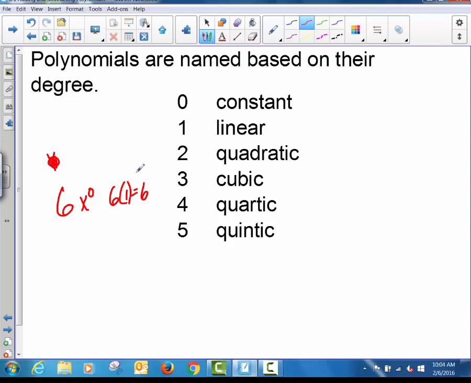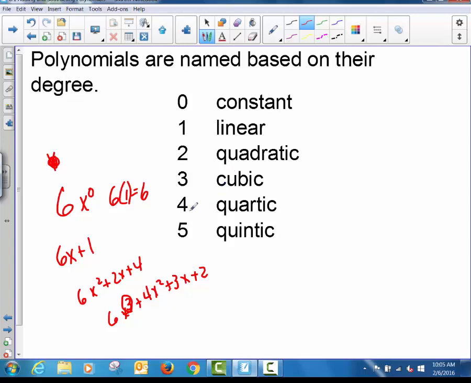The next thing we have, you've been dealing with these when you were graphing lines, something like 6x plus 1. That's linear because it forms a line. Then if you've got 6x squared plus 2x plus 4, that's called quadratic. If you've got 6x cubed plus 4x squared plus 3x plus 2, then that degree is 3 and it's called cubic.